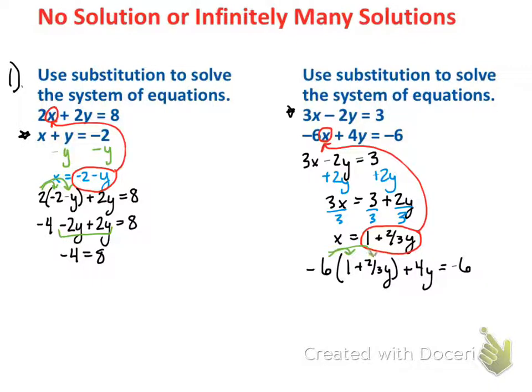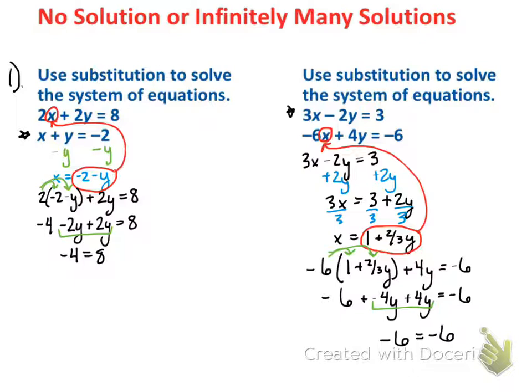That'll give me -6 plus, doing this without a calculator, 6 times 2 is 12, divided by 3 is 4. So it gives me negative 4y plus 4y equals negative 6. Okay, combine like terms. Ooh, negative 6 equals negative 6.